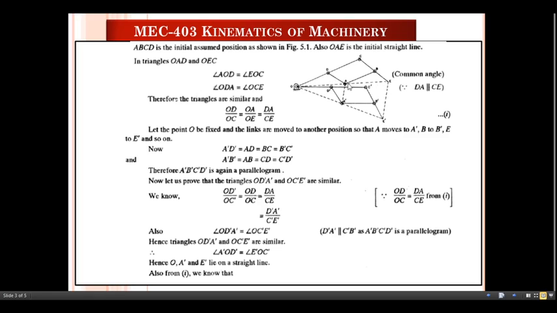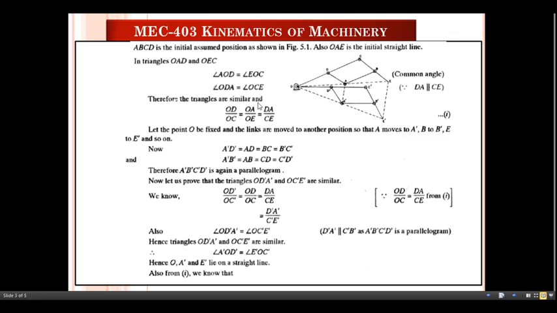In triangles ODA and OCE, we can say angle AOD equals angle EOC, and angle ODA equals angle OCE, as DA is parallel with CE.